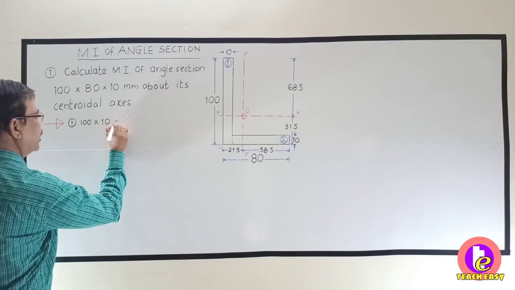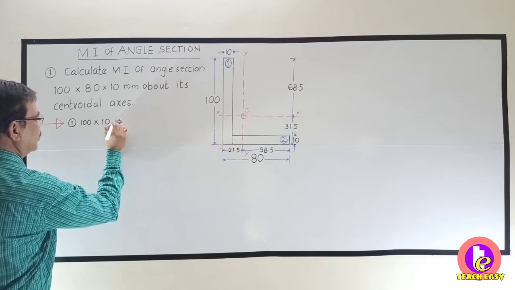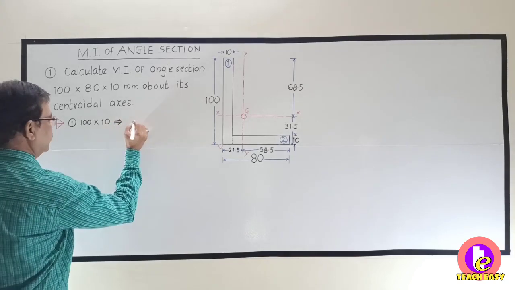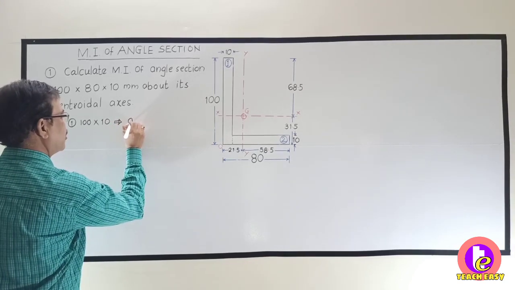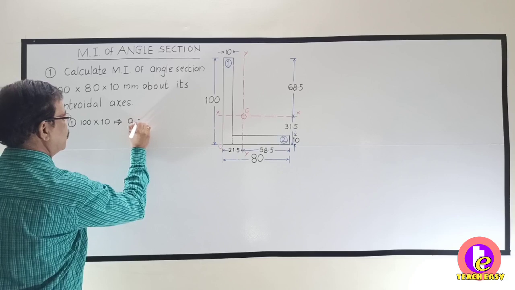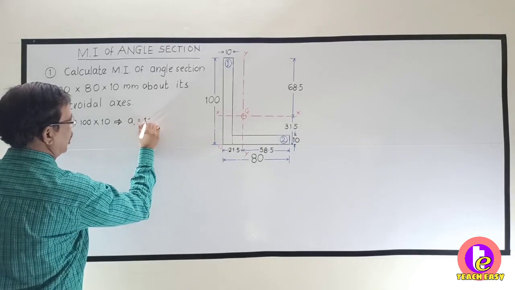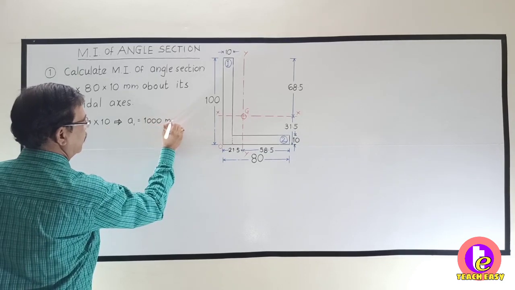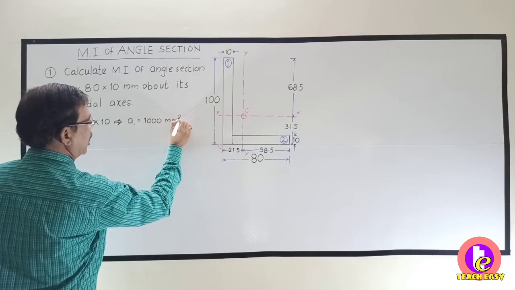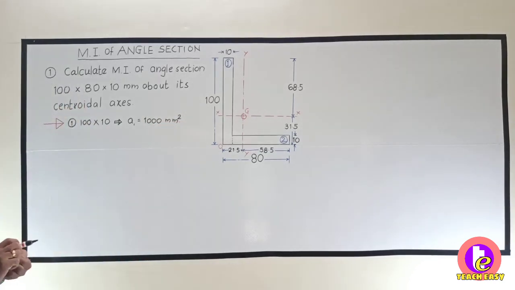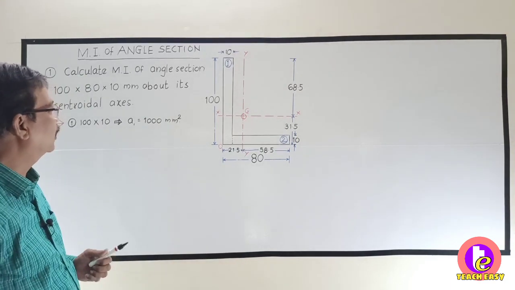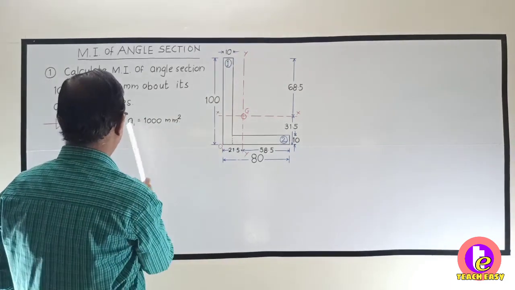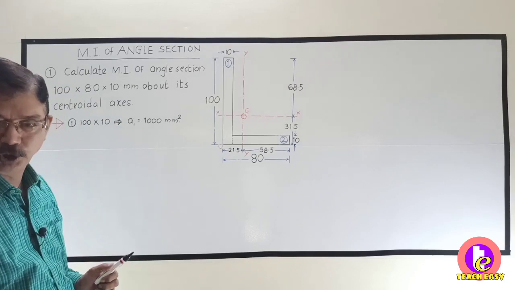Therefore, its area A1 is 100 by 10, that is 1000 mm square. Do you understand it? This is 100 mm by 10 mm, so it is 1000 mm square.